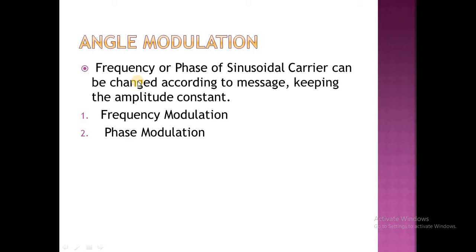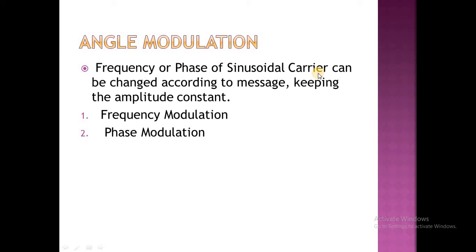Here, in case of angle modulation, the frequency or phase of a sinusoidal carrier can be changed according to the modulating signal or message signal, keeping the amplitude constant. So angle modulation is divided into frequency modulation and phase modulation. We are changing the characteristics of a carrier.